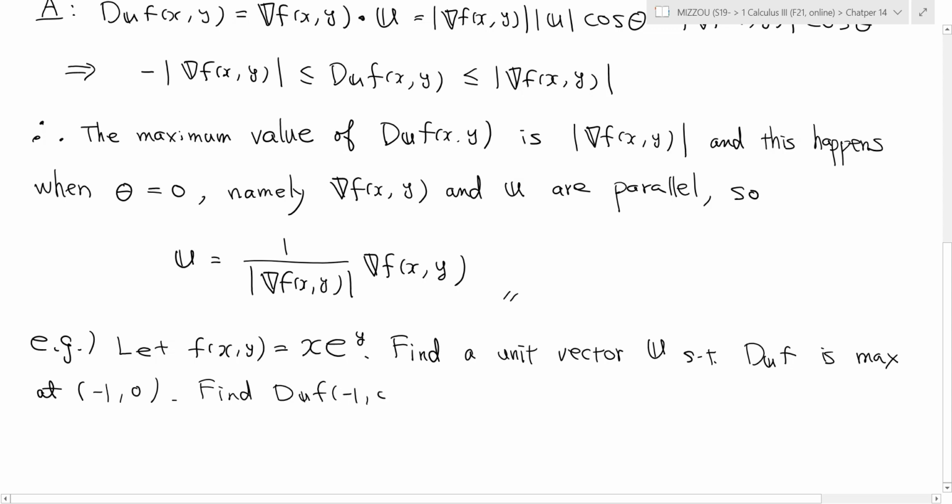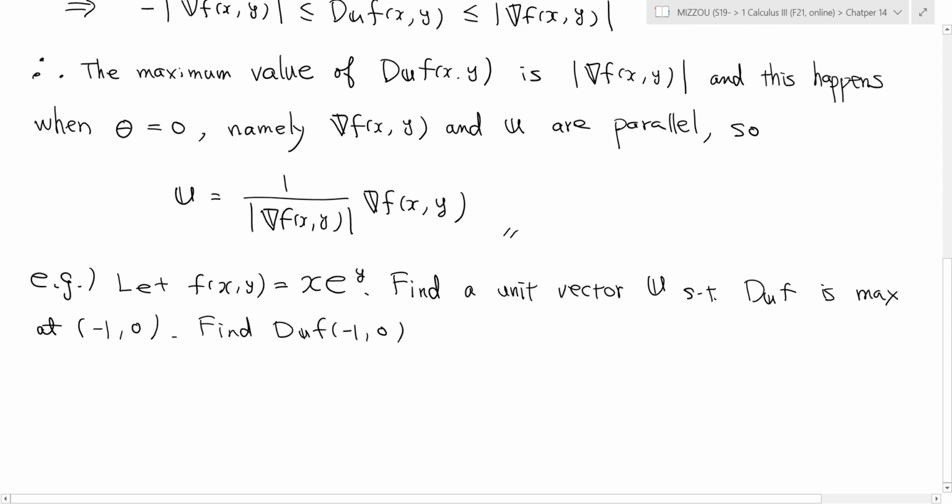Find the directional derivative at this point. All right, so here's the answer.